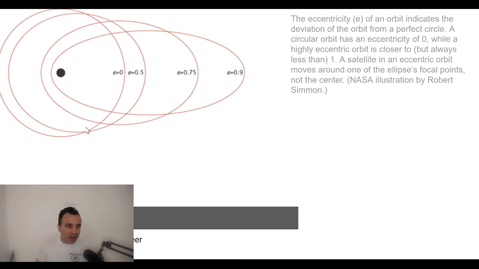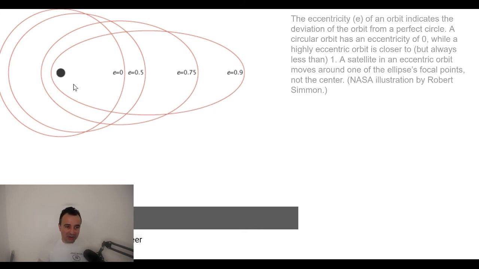Another way to characterize the orbit is the eccentricity, which is the variation from a perfect circle, the wobbliness. It's the E. I should have the equation around in here, but as you move away from that perfect circle into a more elliptical shape, E goes from zero up to 0.9.